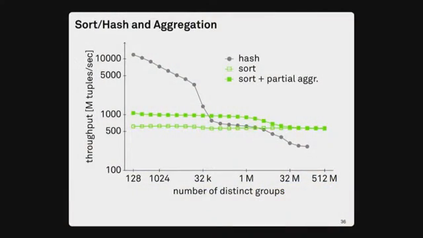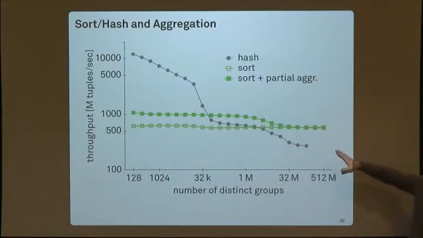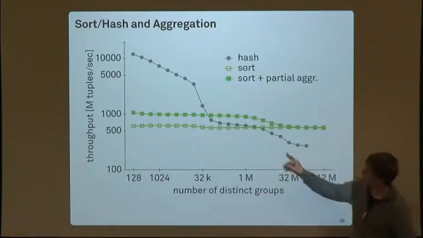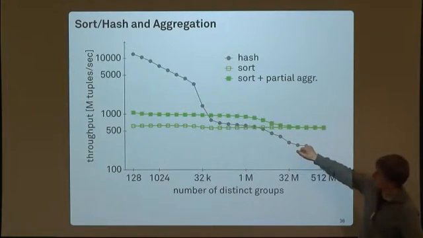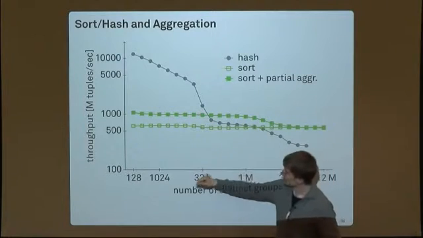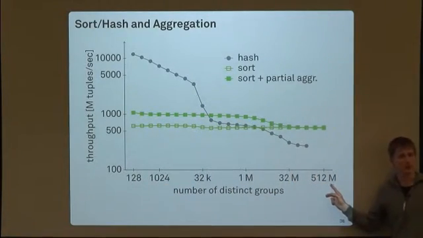There was this question before about if sort merge starts to become attractive for joins, what about other operations such as aggregation? So here I'm comparing the state-of-the-art Platt algorithm, which is hash-based, for aggregation, and you see the throughput depending on the number of distinct groups for a group by operation.